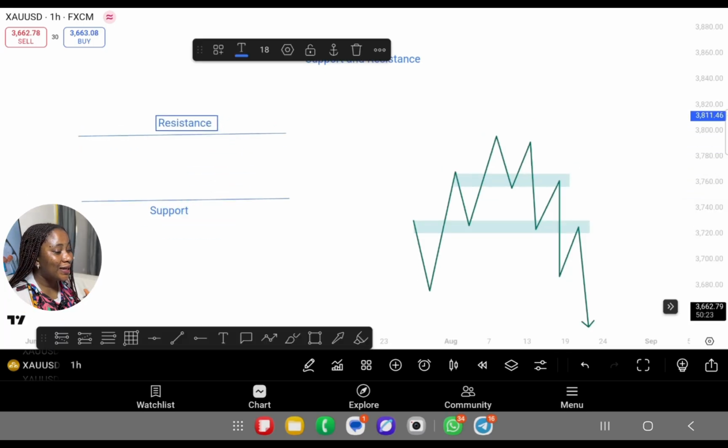Support is a level where buyers step in and push price higher. Think of it as the floor holding the market.